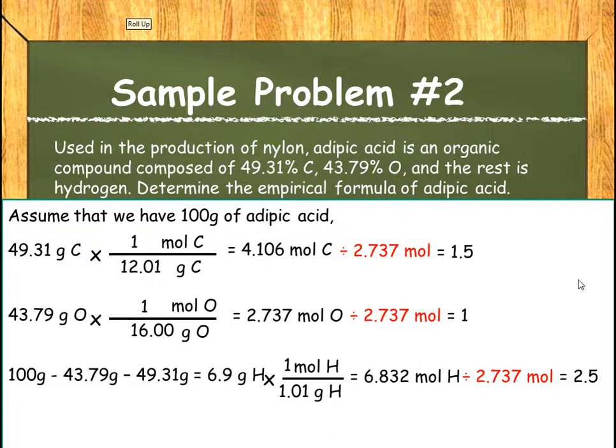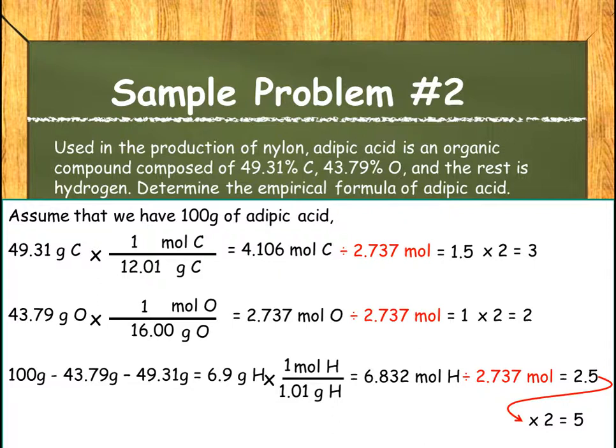So we're going to choose 2 as the magic number, right? The reason we choose 2 is because when I multiply 1.5 by 2, it gives me a 3. When I multiply 2.5 by 2, what does it give me? 5.